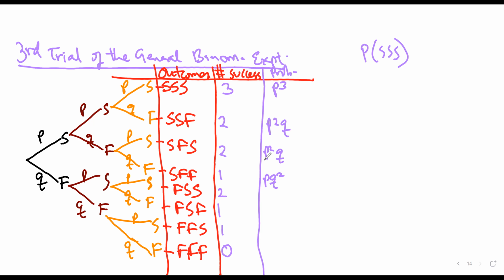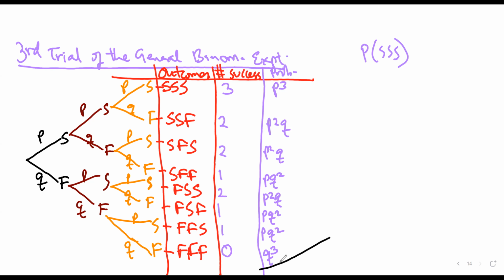I am deliberately starting with P, yeah? Then this one will be P squared Q, followed by P Q squared. Again, P Q squared. And finally, Q cubed.